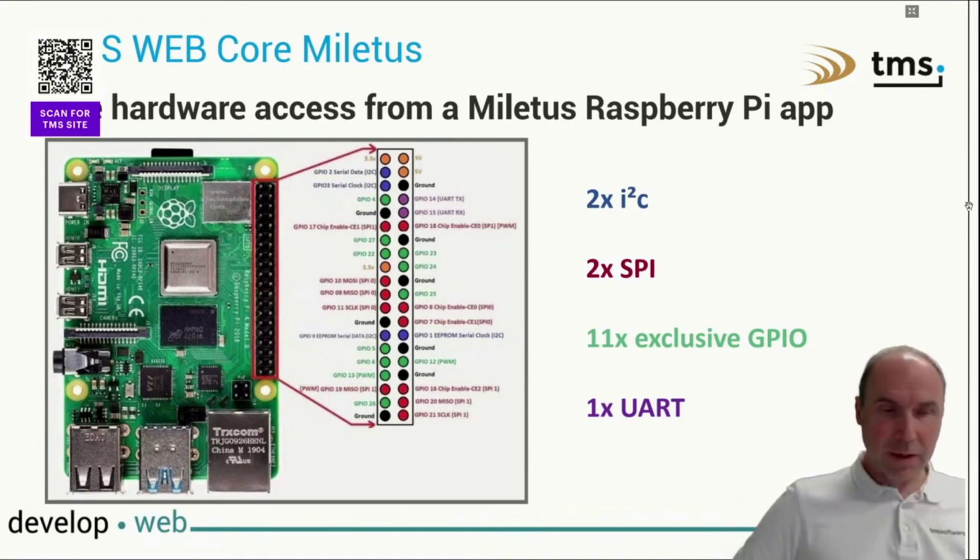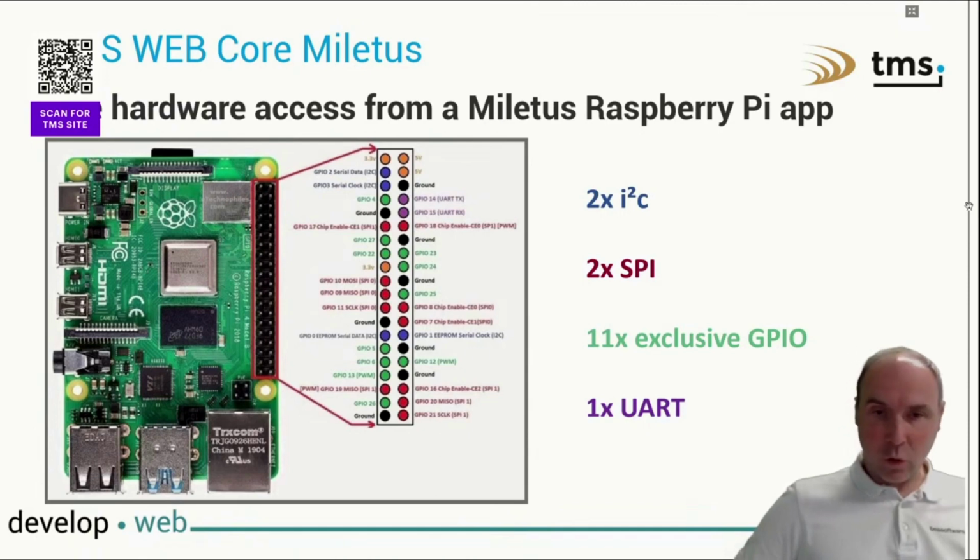So it offers out of the box two I2C interfaces, two SPI interfaces. You have 11 exclusive GPIO pins. That means pins that are exclusively used as GPIO. You can also configure more pins as GPIO, but then you will of course need to skip, for example, using some I2C or SPI or UART.